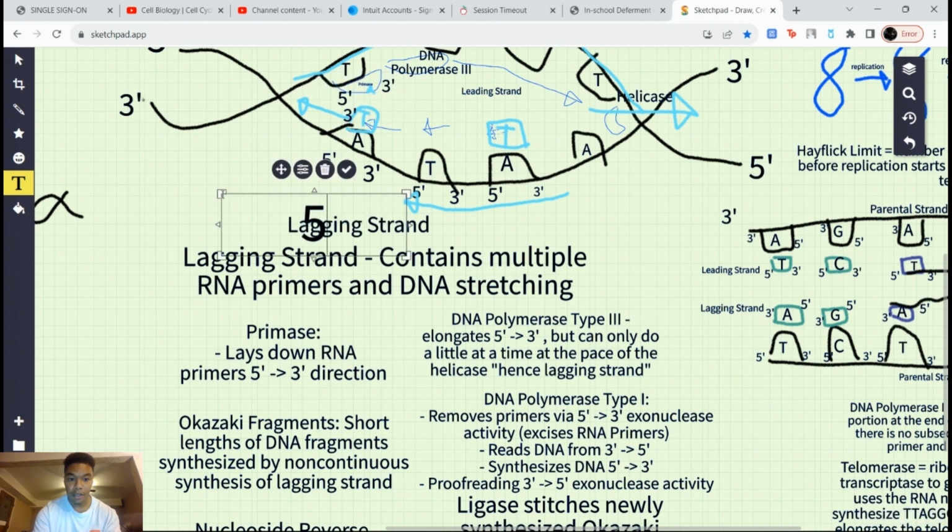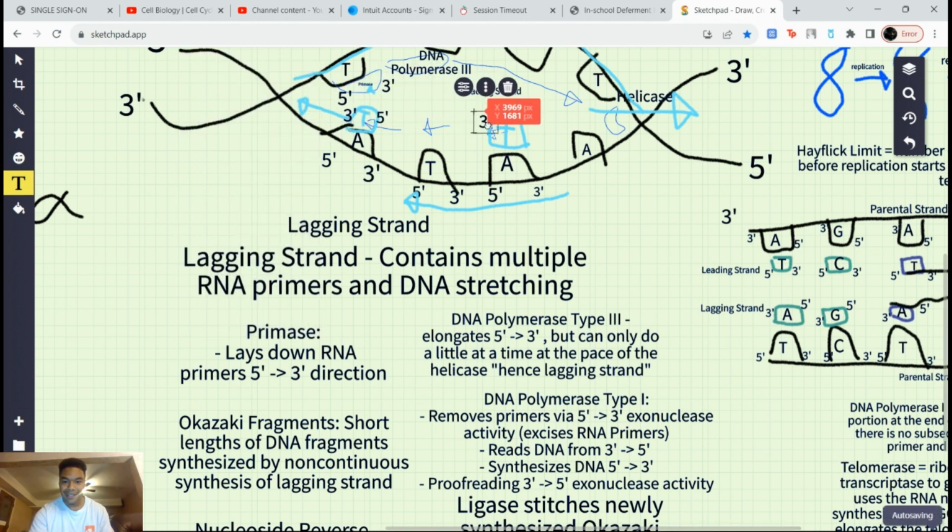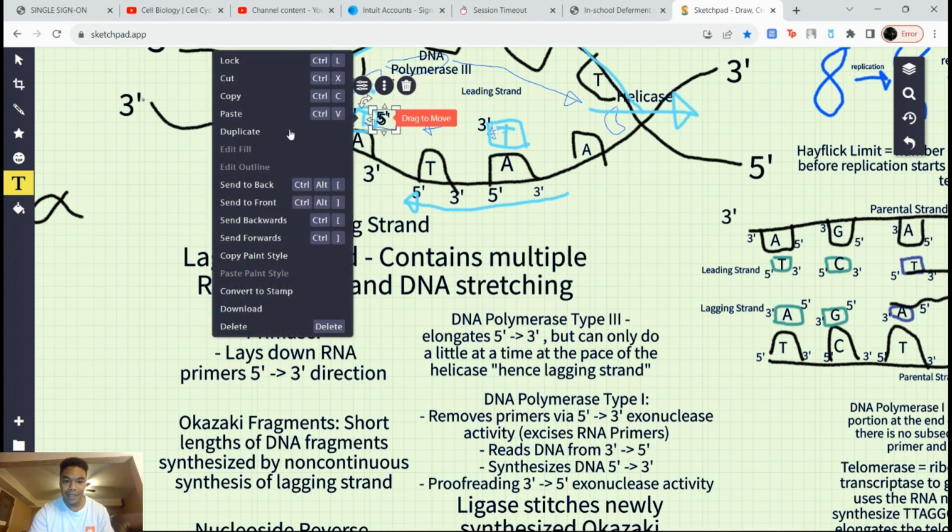And the 5' is going to be added complementary to the 3', like that. So it's going to add this and move that way, move to the left. So again, you can just duplicate this. Yeah, I'm getting better with this software, man, I'm telling you. So 5', boom.